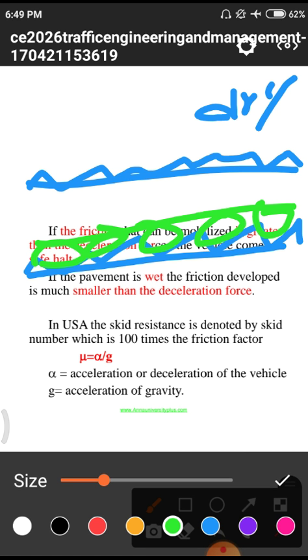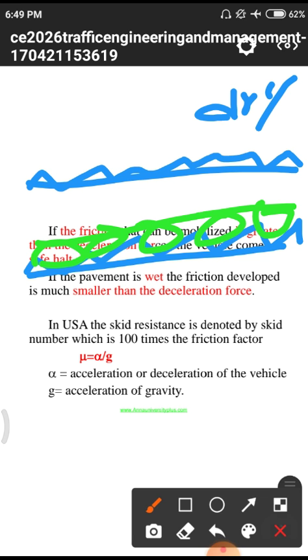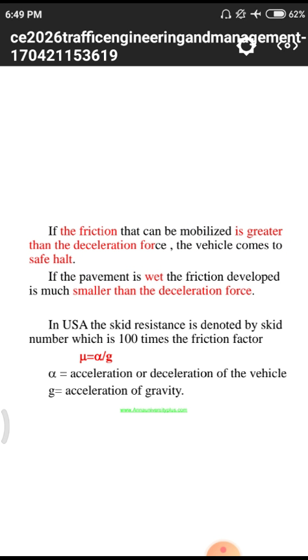Due to this unavailability of irregularities, there is no proper bond between the tire surface and the pavement surface, so there is no friction in wet areas. Wet means water is available, so water availability means a wet condition.